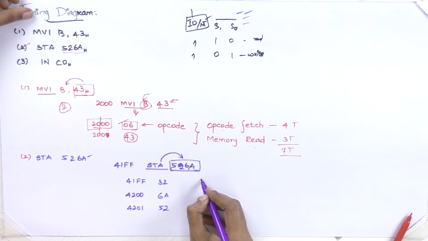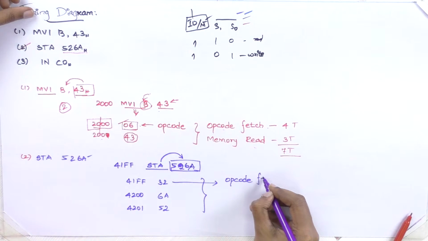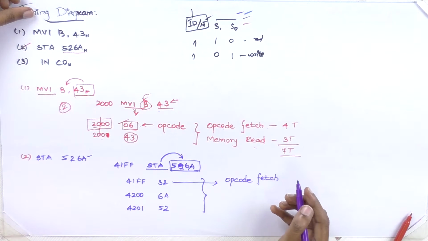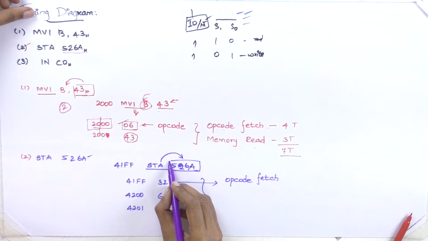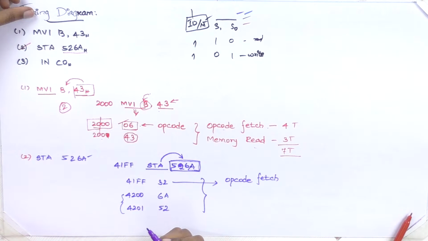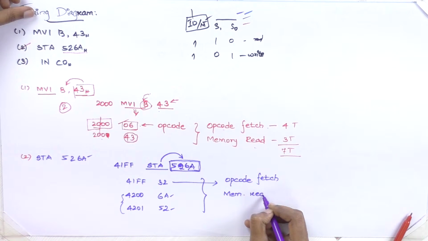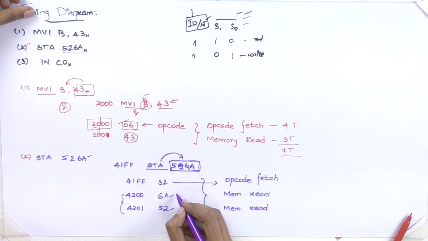So what machine cycles does it require? Obviously the first thing is opcode fetch, right? The second thing is we should know this memory location, which is stored in memory itself. So to read the lower byte and higher byte, we have to perform memory read. This also requires memory read because the lower byte and higher byte are stored separately.